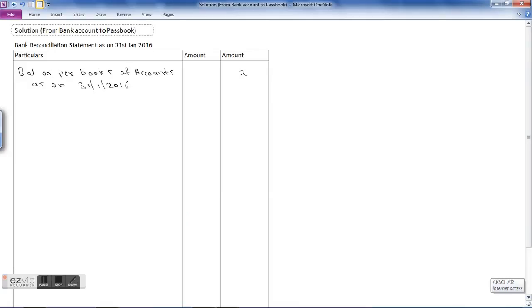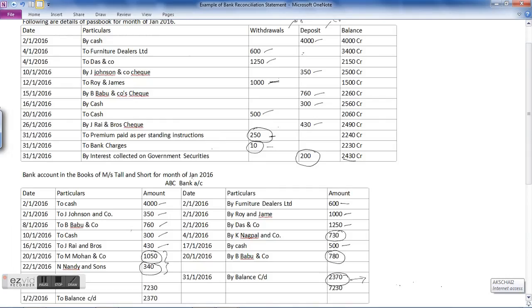So I'll put it as 2370. Now let's see all the entries which are circled. Now this one, to premium paid as per standing instructions and to bank charges.